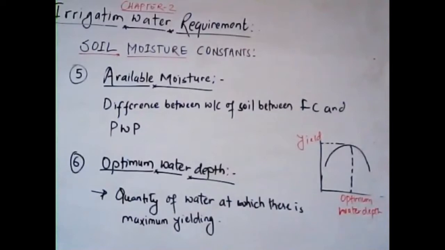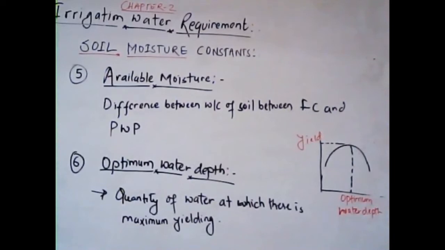Sixth, we will be heading towards the optimum water depth. This optimum water depth is the depth corresponding to the maximum yielding of the crop. So it is the quantity of water required for the maximum yielding of the crops.